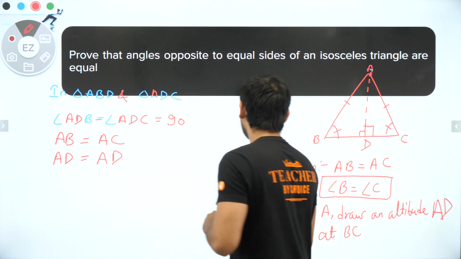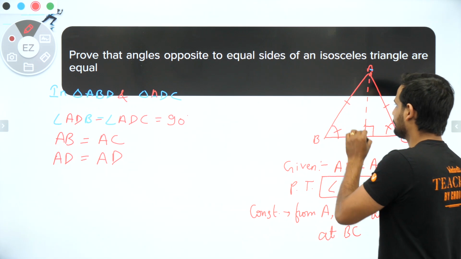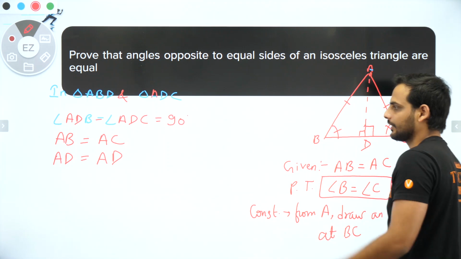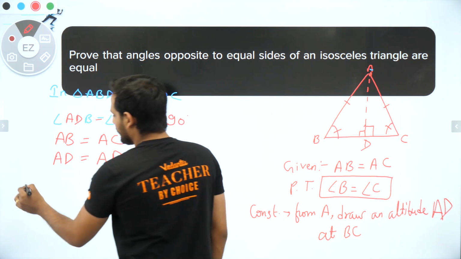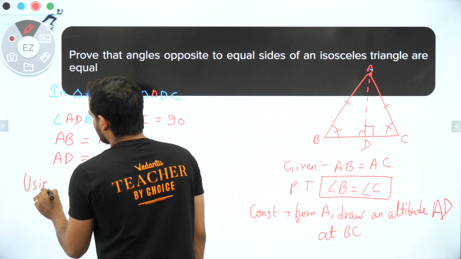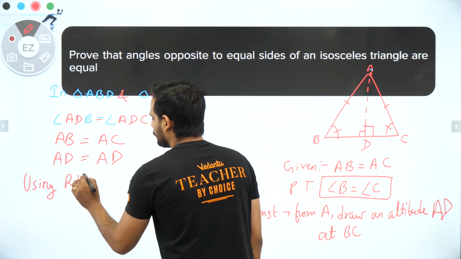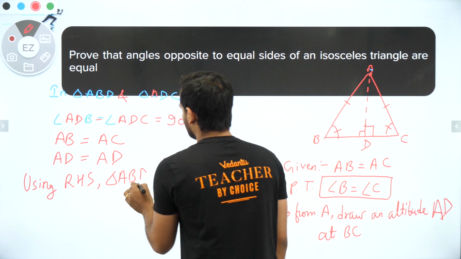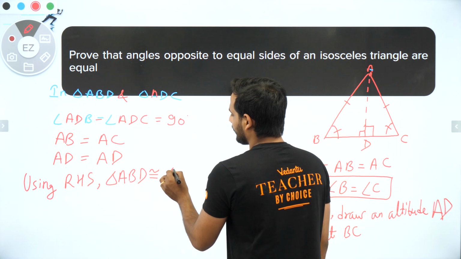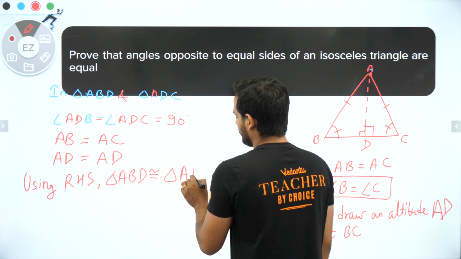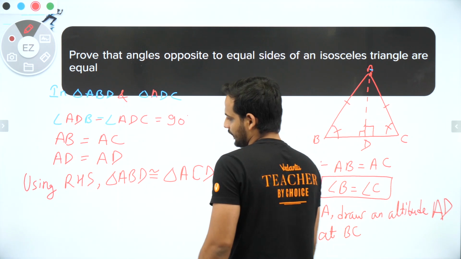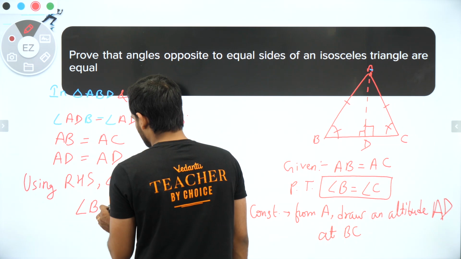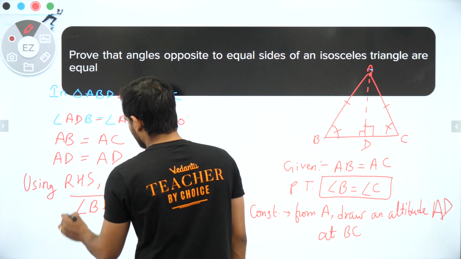As you can see, this is a right angle, AB and AC are hypotenuses and are equal, and one side AD is common. So using the RHS rule, triangle ABD is congruent to triangle ACD. So by CPCT, angle B is equal to angle C.